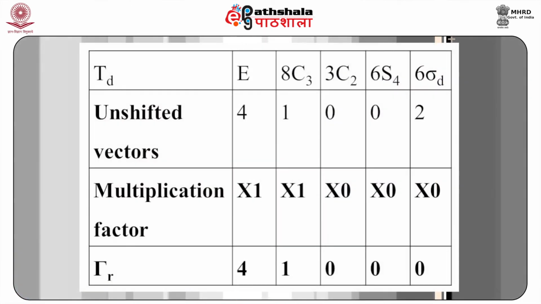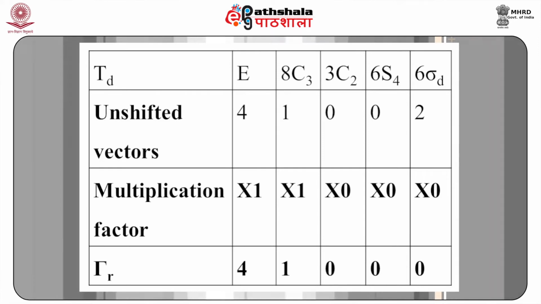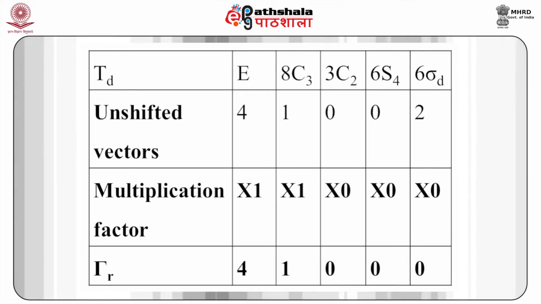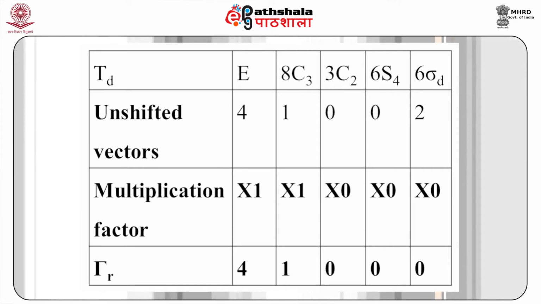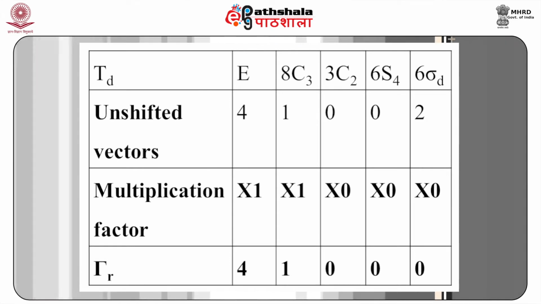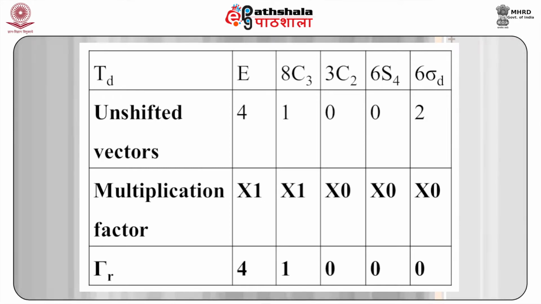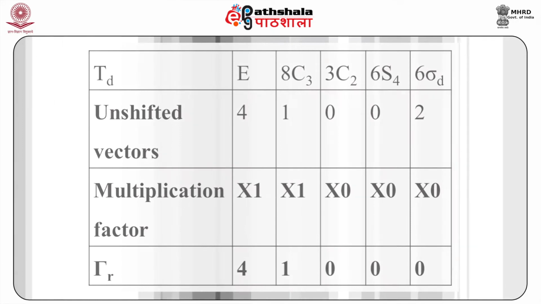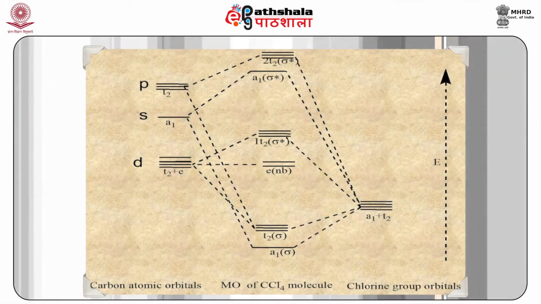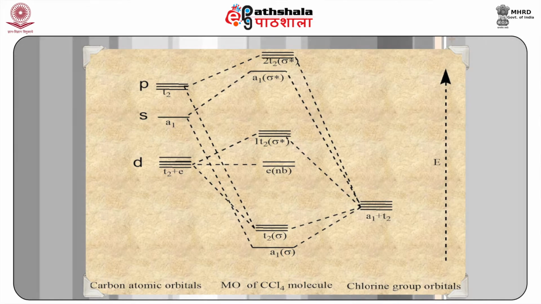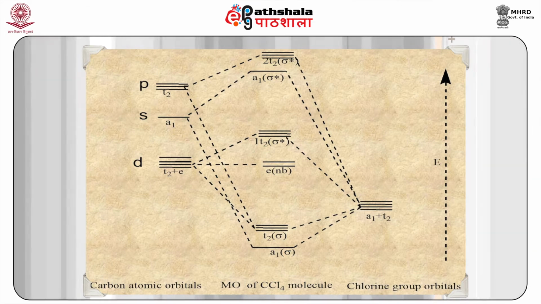In this I am having 4, 1, 0, 0, 2. These are multiplied by the multiplication factors to give me the result 4, 1, 0, 0, 0, and this can be reduced to A1 and T2. So these are the symmetries of the LGOs of chlorine, that is, the chlorine LGOs belong to A1 and T2 symmetry.